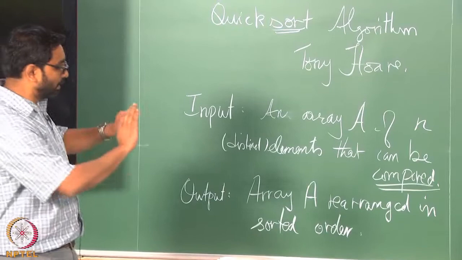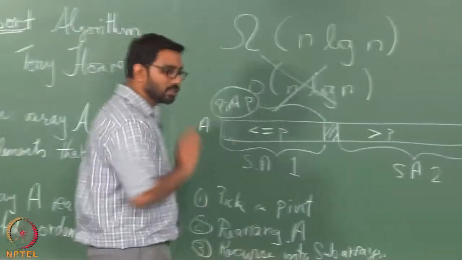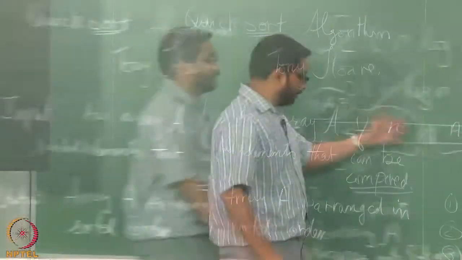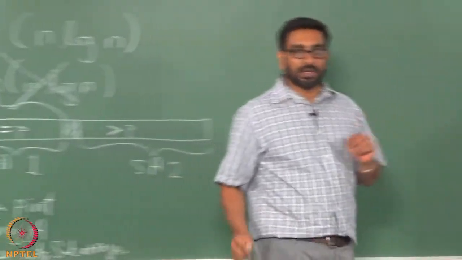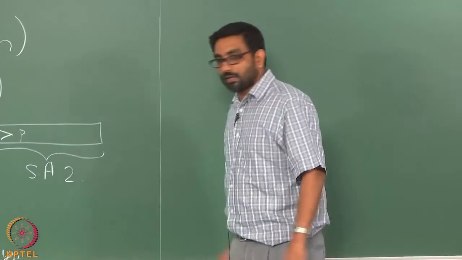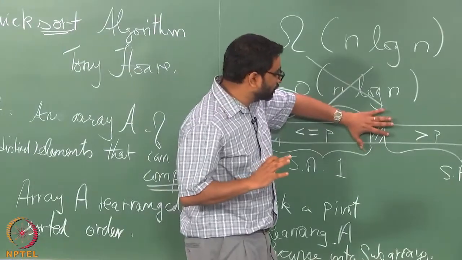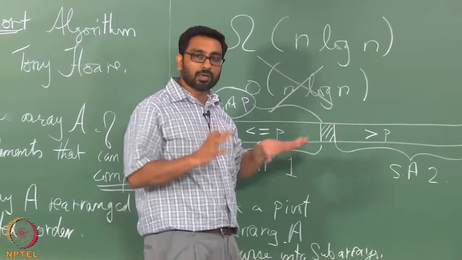This provides us with a way to sort the array, and it's an easy exercise to see that this algorithm is going to sort. That will be left as an exercise for you to prove that this algorithm works. Let's now think about how good this algorithm is. Notice that this algorithm works by the divide and conquer paradigm.